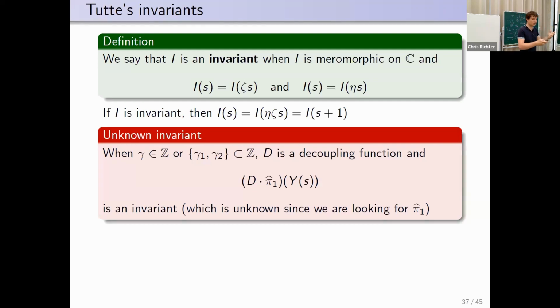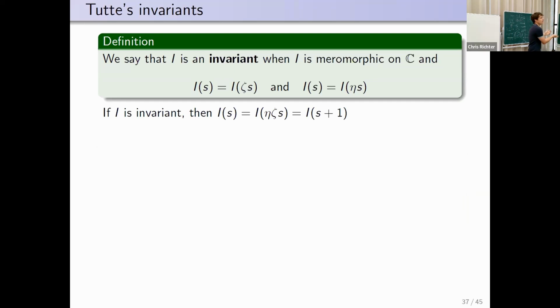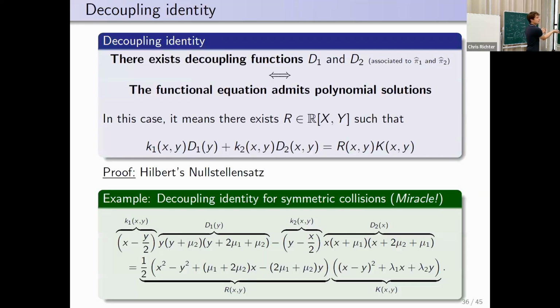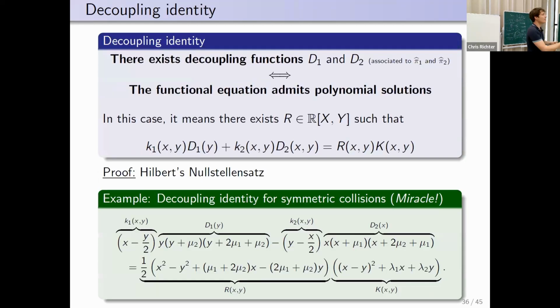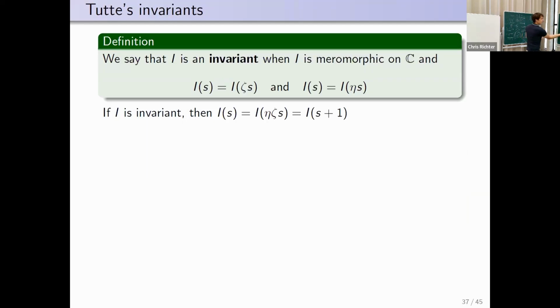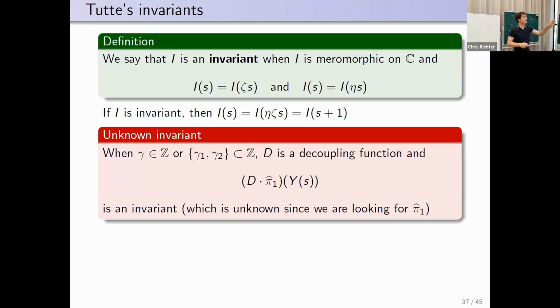Because we wanted this decoupling function to have this invariance. This is what I call the unknown invariance. Why unknown? Because we are looking for pi 1. So we don't know this invariance. It's what we are looking for. So this is an unknown invariance.